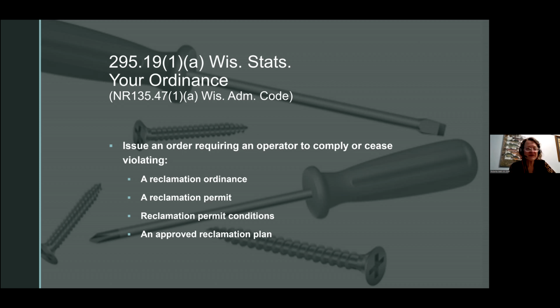So that pertains to your ordinance, a reclamation permit, the permit conditions, and the approved plans. So it's a very general and broad order that you can place. And we'll talk a little bit about how that order applies when doing enforcement.